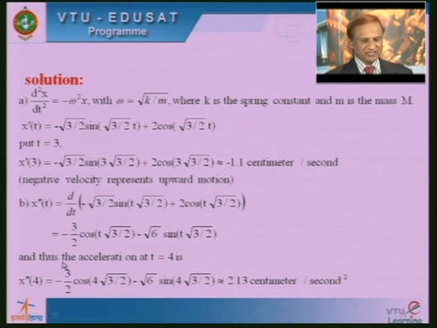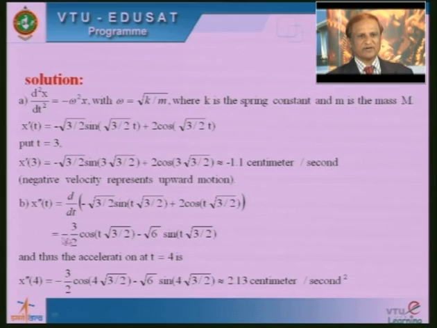And thus the acceleration at t equal to 4 is, because they have asked us to calculate the acceleration of the mass when t is equal to 4. Just now we have obtained the second derivative of the solution. It is very simple. This equation contains t, is it clear, so now I want to replace t by 4.